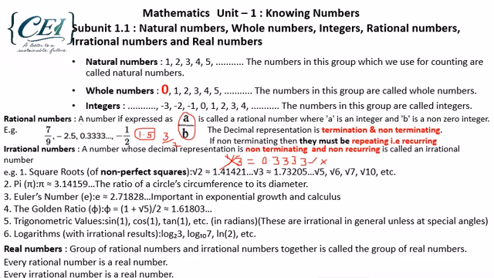For example, if you divide 1 by 2, the answer is 0.5. This is the final answer. It is terminating, correct.